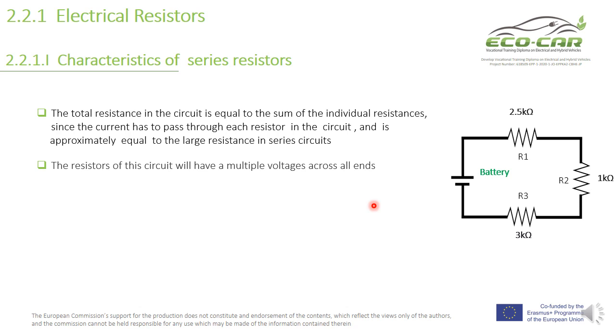Each of the resistors in this circuit will have its own value of voltage. So the voltage will be divided across this one and this one. All of the ends of these resistors have each a value of voltage. That will be discussed in the next slides.